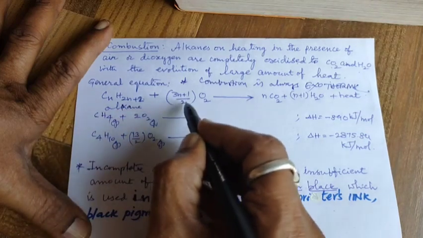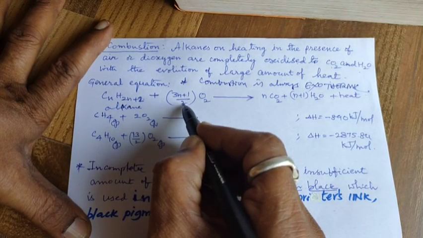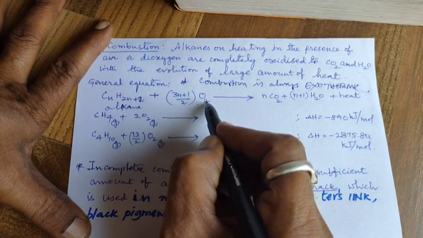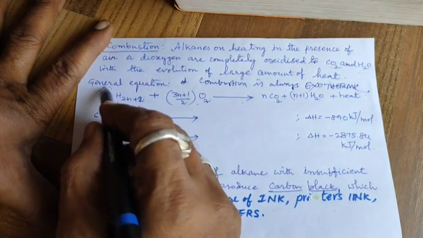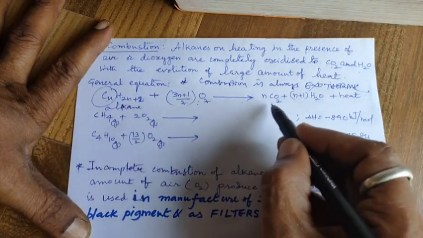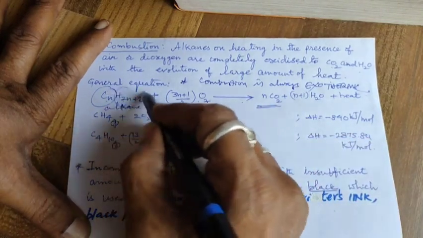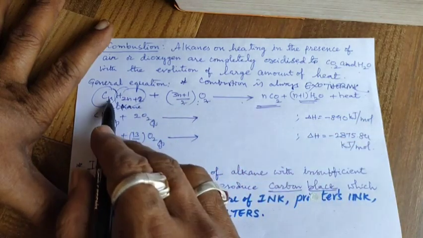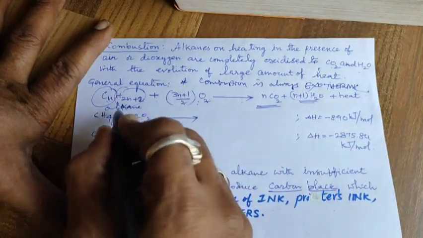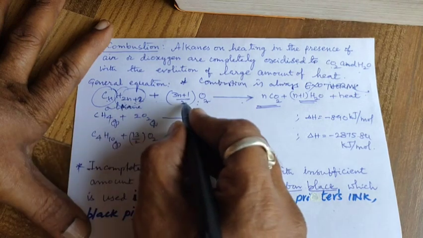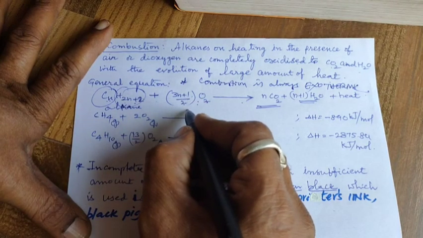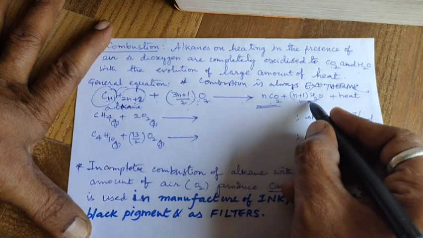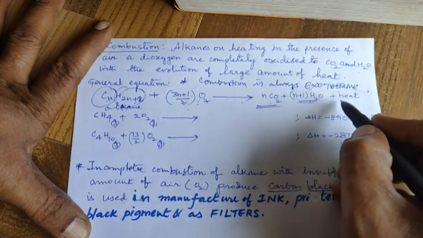Alkane on heating with excess of air, that is oxygen, which is a supporter of combustion, all carbon atoms are converted to carbon dioxide and all hydrogens are converted to water vapor, and this is the chemical equation: CnH2n plus 2 plus (3n plus 1) by 2 moles of oxygen produce n moles of carbon dioxide, n plus 1 moles of H2O, and some amount of heat is produced.